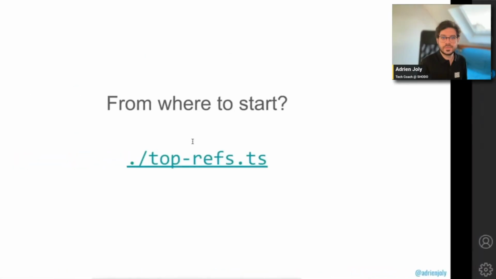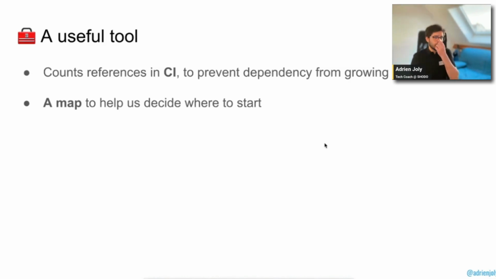So let's debrief. What we saw here is that this little TypeScript script was useful to count the references for the symbol that we want to get rid of, which is great, not only to detect whenever developers add a dependency onto it, so it prevents it from growing while we are decommissioning that symbol.